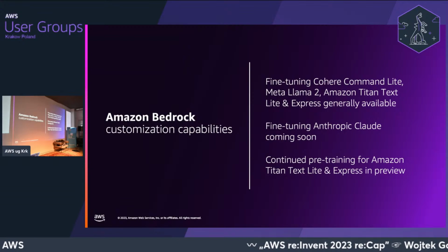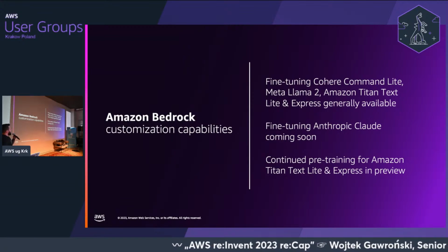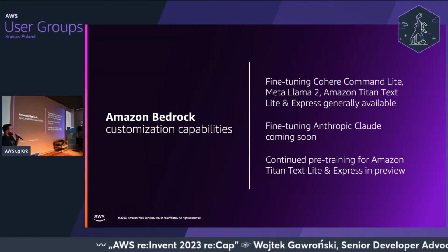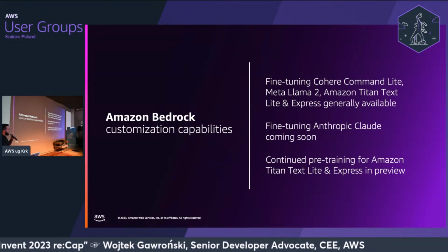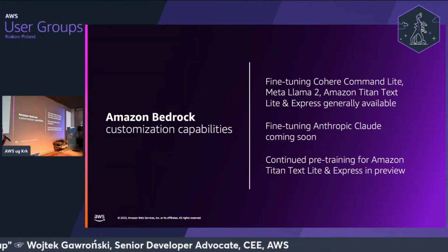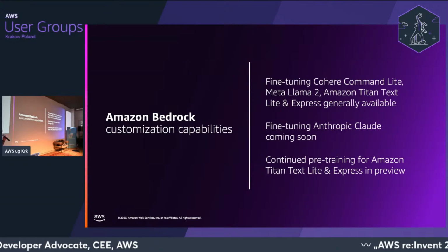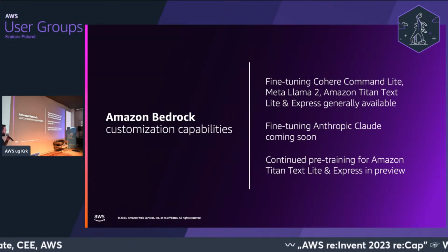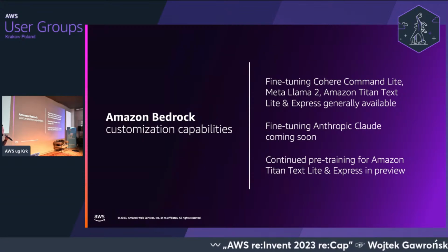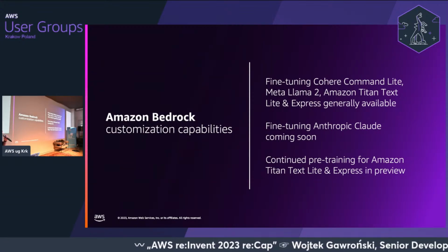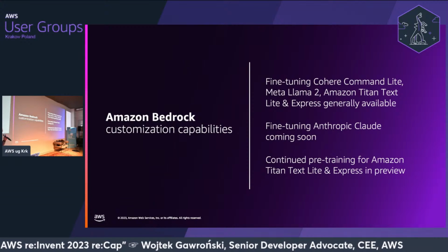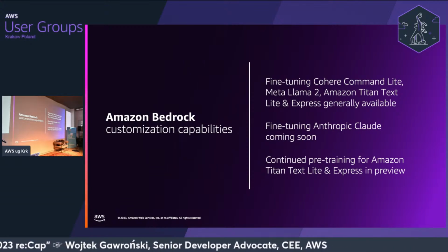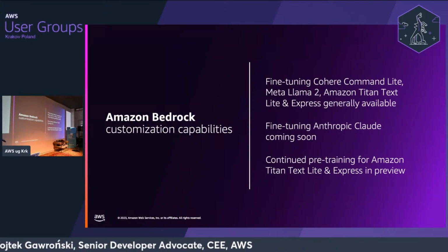It was announced as coming soon. And then there is the additional ability to do continued pre-training for those models that are built by Amazon. So Text Lite and Text Express, this is also available in preview. And this is one of the things that is also pretty interesting because it reduces to almost nothing the whole infrastructure around retraining those models. And for those organizations that are actually dealing with this, this is a pretty huge improvement.